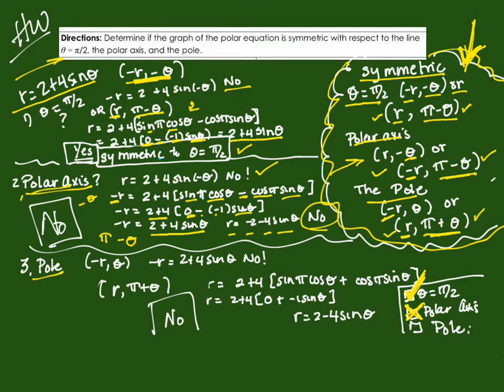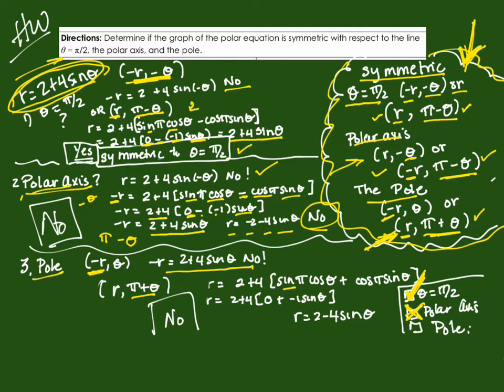And the third one, if we check with just changing to negative r, of course that's not going to give us the same thing. Remember, you have to get the exact same formula back again when you replace it with these other items. So we go to the or part of the pole, which is keep r and change it to pi plus theta.